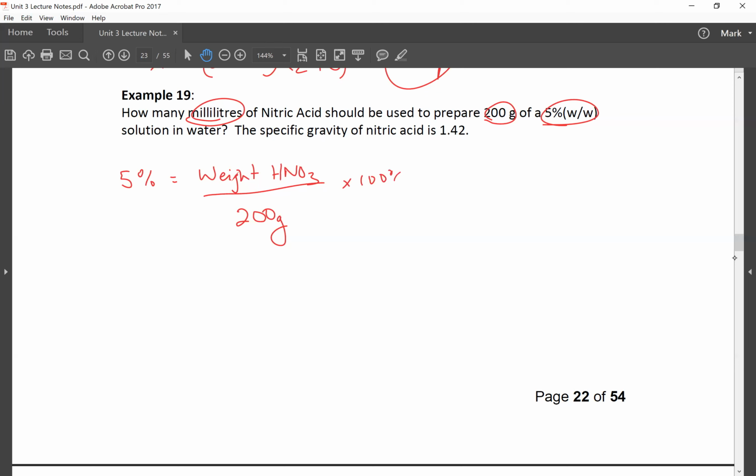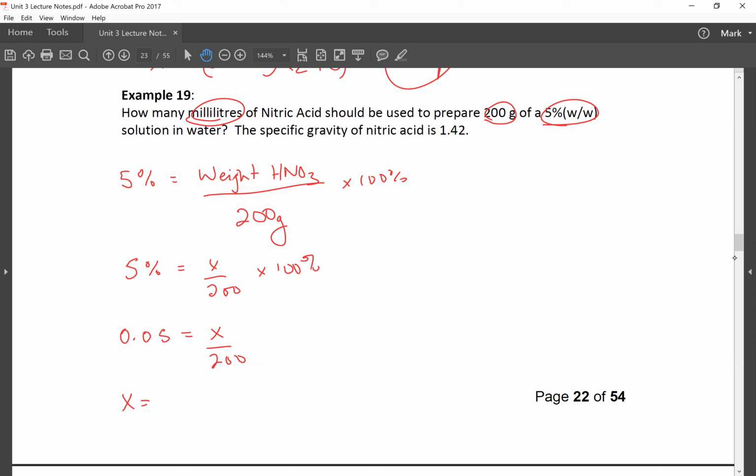So this will get me my weight of HNO3, which I'm going to call X. So 5% equals X over 200 times 100. So 0.05 equals X over 200.